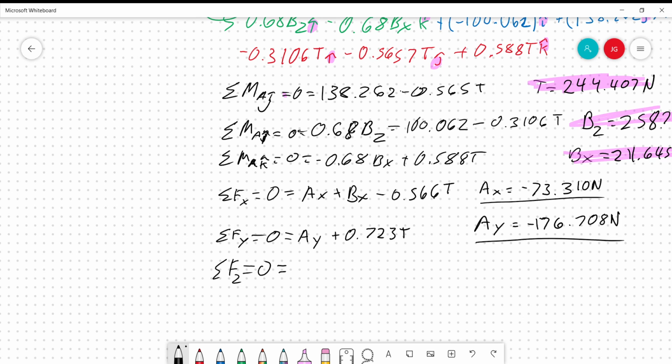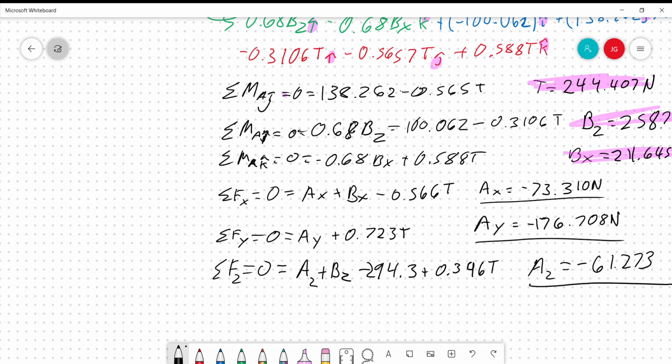And then in the Z, same as AZ, it's BZ, but this time we actually have to add the weight, 294.3, plus the 0.396 T equals 0. So then AZ is going to equal negative 61.273. Like I said before, negative just means it's going the opposite direction.